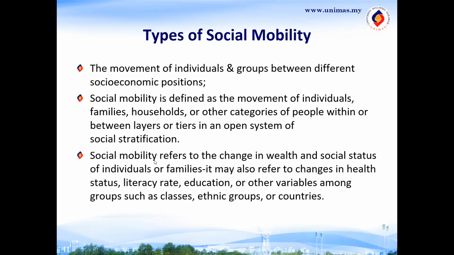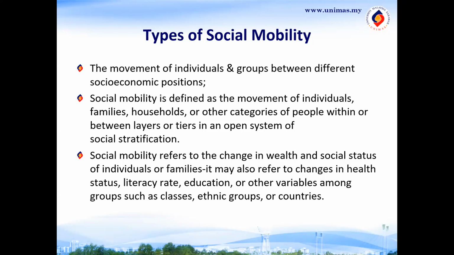Okay. So social mobility also refers to the change in wealth and social status of individuals or families. It may also refer to changes in the health status of an individual, the literacy rate, the education, or other variables among groups, such as classes, ethnic groups, or countries.